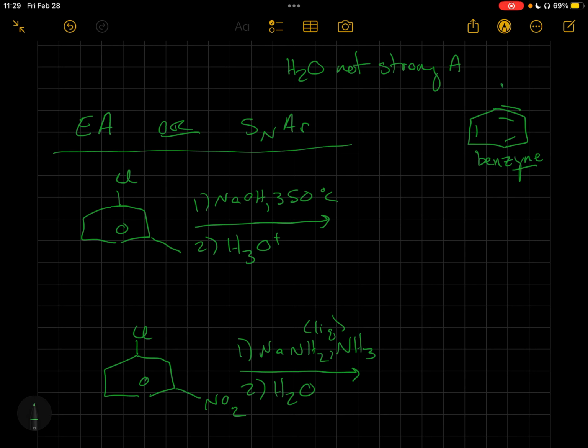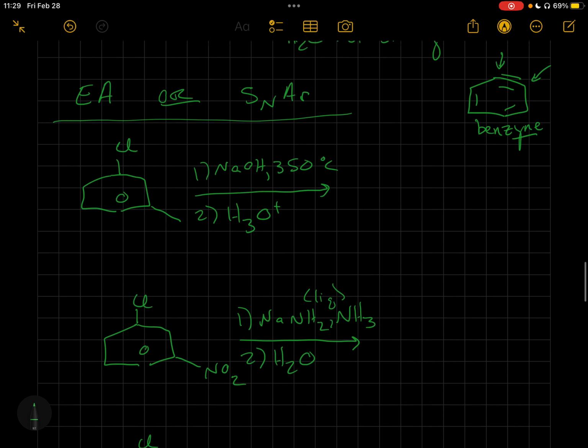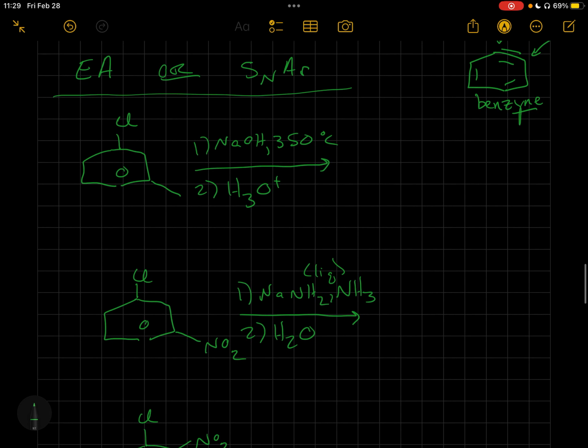When we make our benzyne, we know that we can add across either carbon, and so we actually do see more products than what we may have been used to seeing with some of our other benzene-containing mechanisms. So when I look at our first problem that I have on the screen here, number one, no nitro group.